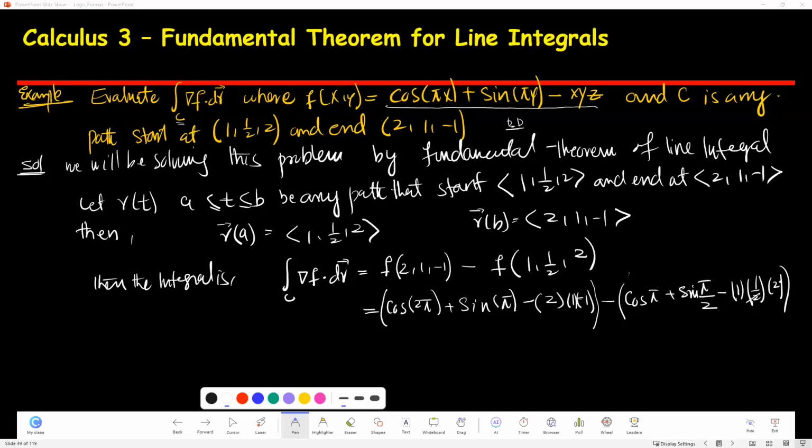Few things can be simplified, but not much. So this 2 and this 2, if you solve this one, the answer would be 1, and minus 2 plus 1 is going to be 3. So cos, this becomes 1.